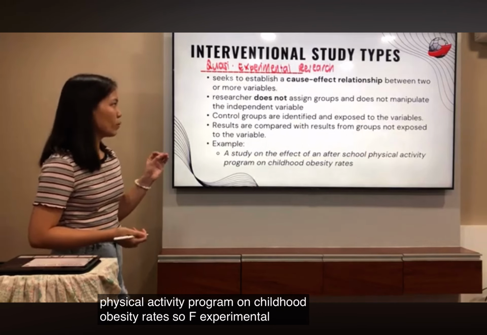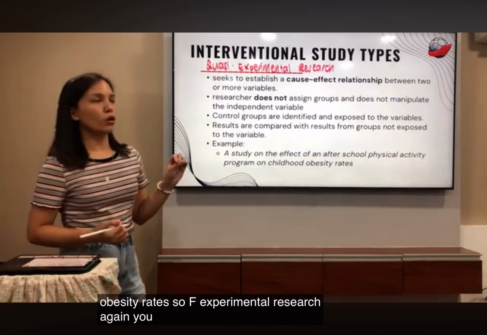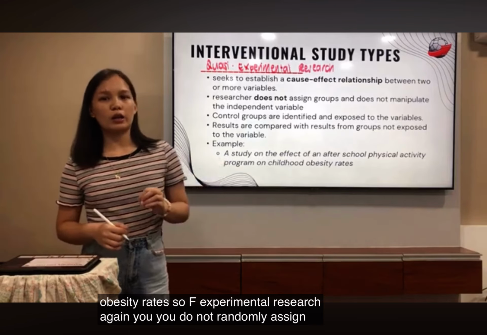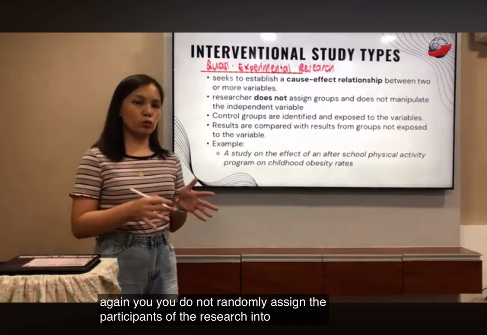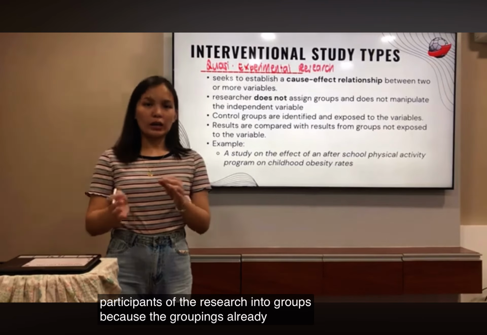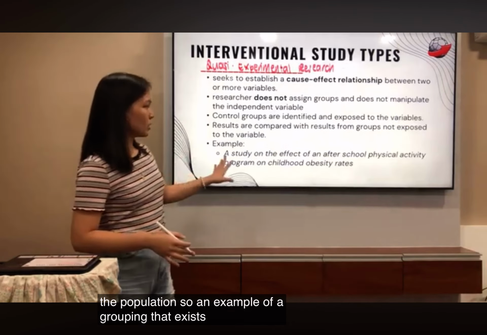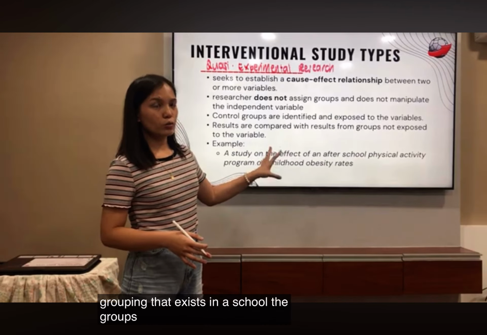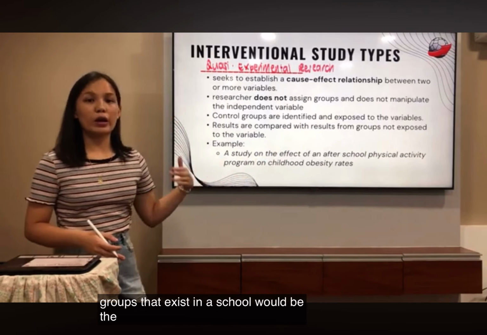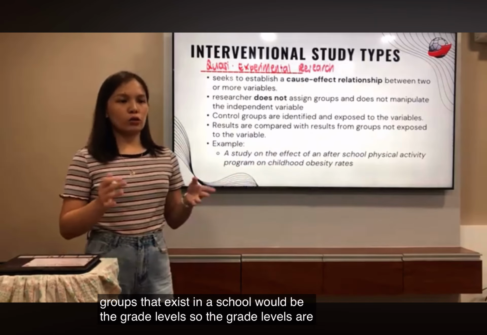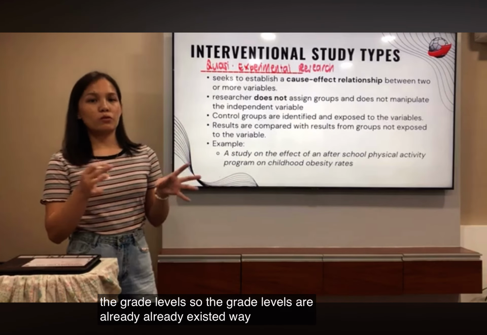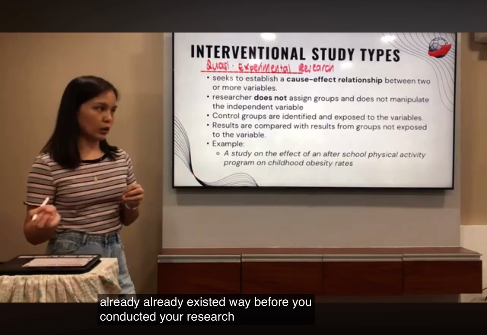So in a quasi-experimental research, again, you do not randomly assign the participants into groups because the groupings already exist in the population. An example of groups that exist in a school would be the grade levels. The grade levels already existed way before you conducted your research study.